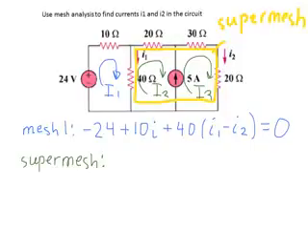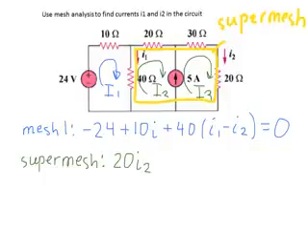So they should be in the same equation. How to do this? Let's start again with the 20 ohm resistor. So from this point, what do we have at 20 ohms? 20 and the current I2.